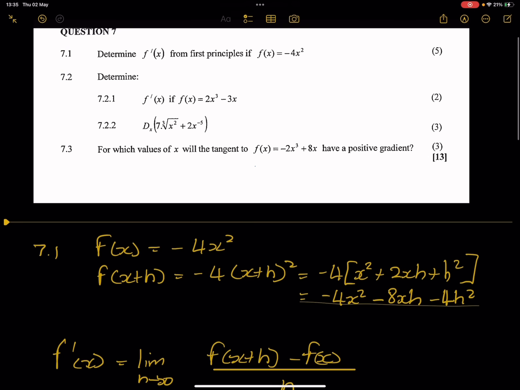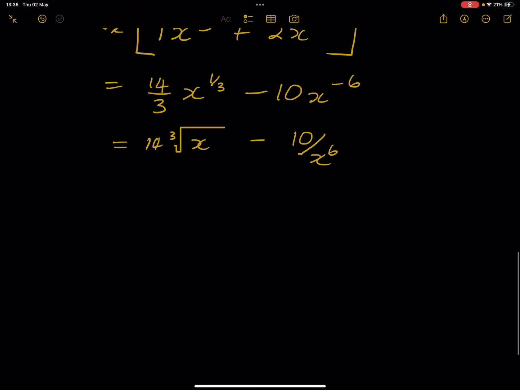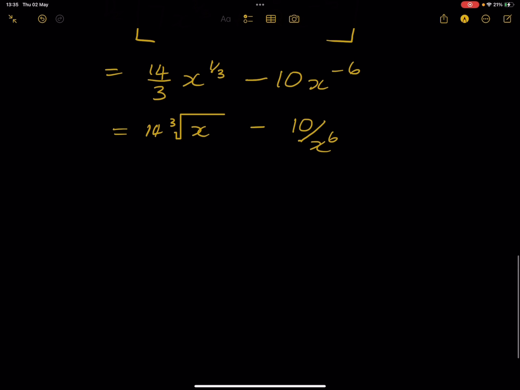So they say, for which values of x will the tangent to f of x equal to minus 2x cubed plus 8x have a positive gradient? Now, in this case, I want you to please note, our question is on f of x.